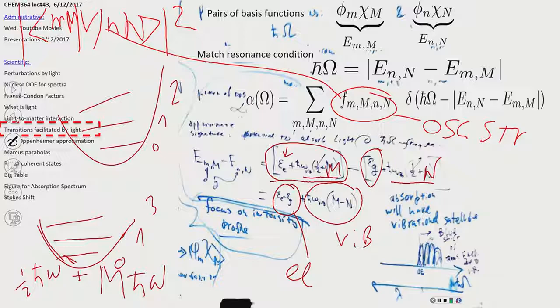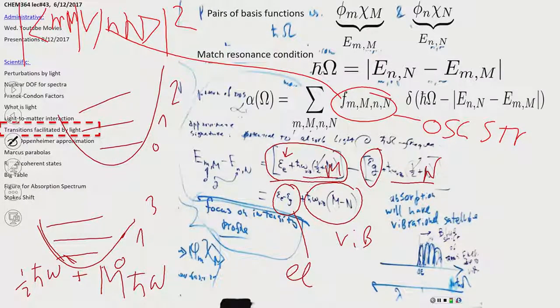Let's factor these two things. For resonance conditions, we can assume that the energies of the electronic ground and excited states are fixed. We have only two states. And then we do not speak about the electronic index anymore.